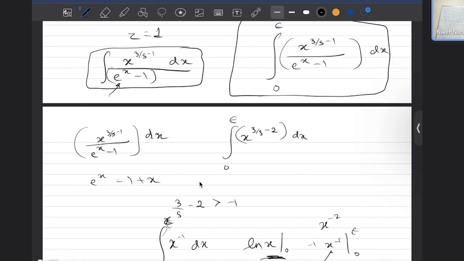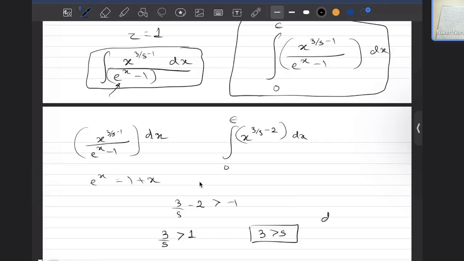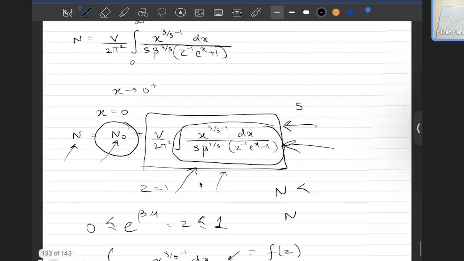So I want 3 by s minus 2 to be greater than minus 1 so that this integral does not diverge. A very simple condition. So basically 3 by s is greater than 1, 3 is greater than s. Mostly this would end up as d greater than s being the only condition that you have for Bose-Einstein condensation to occur. So d has to be greater than s.